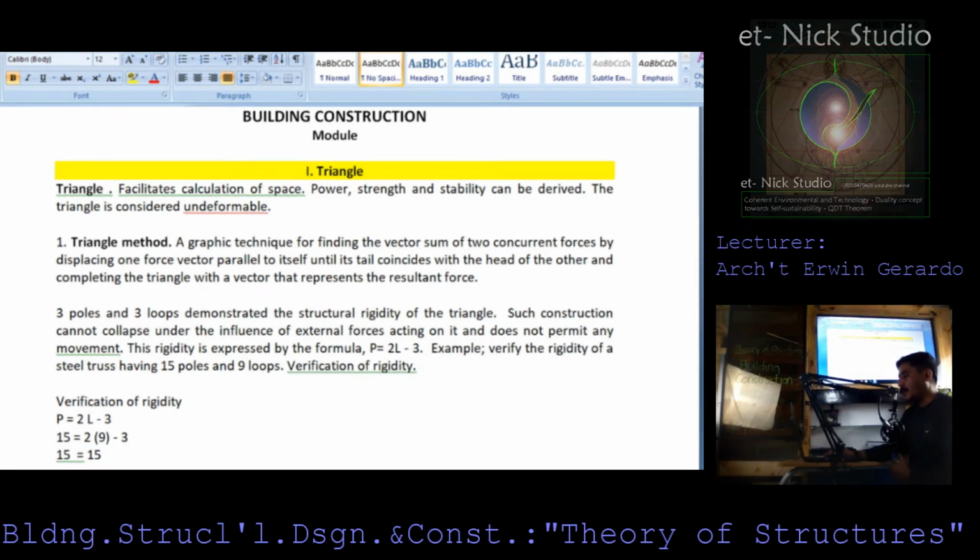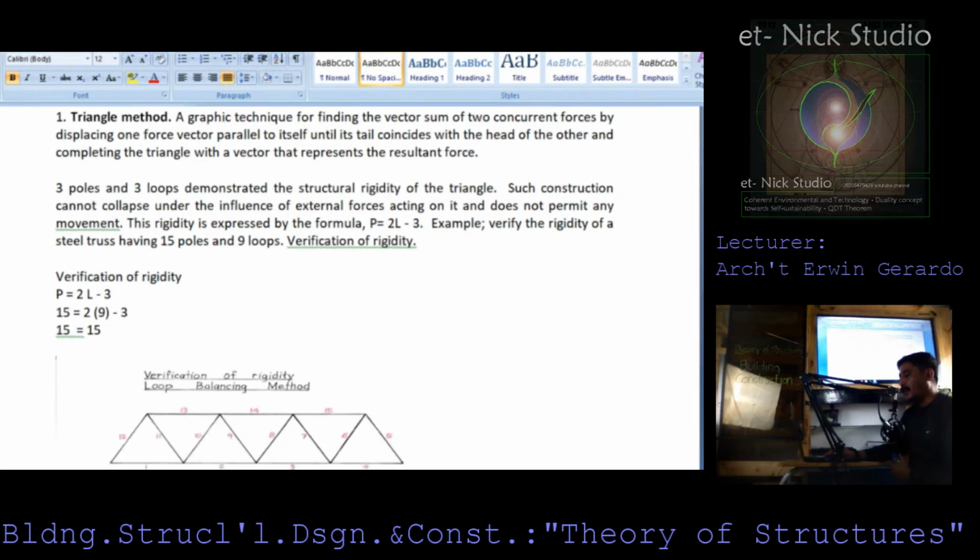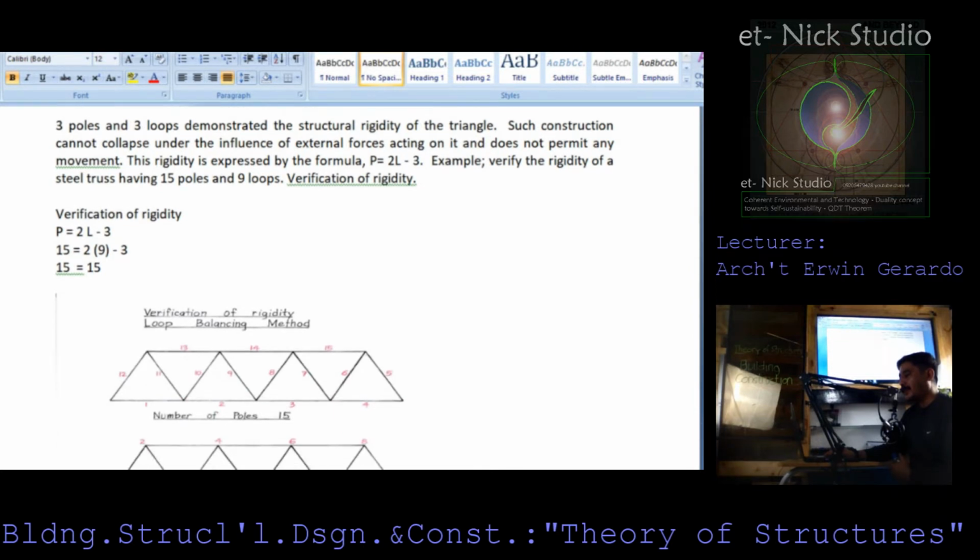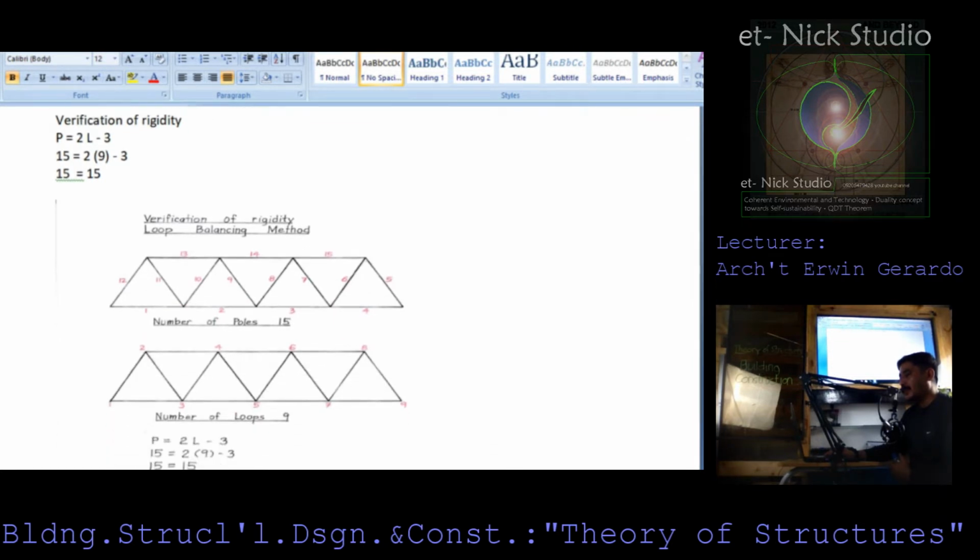Example, verify the rigidity of a steel truss having 15 poles and 9 loops. Verification of rigidity equals 2L minus 3.